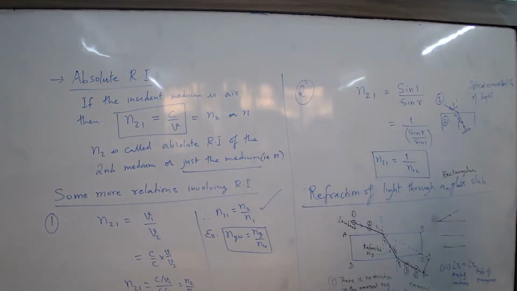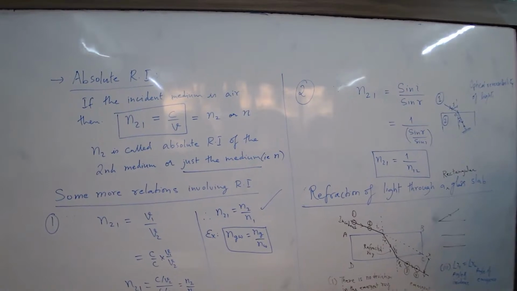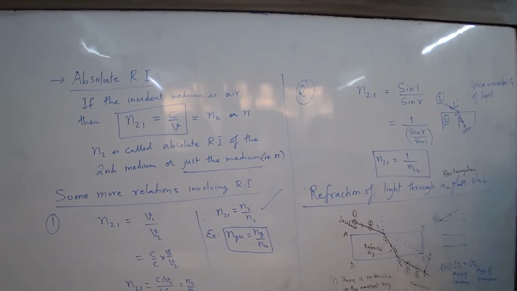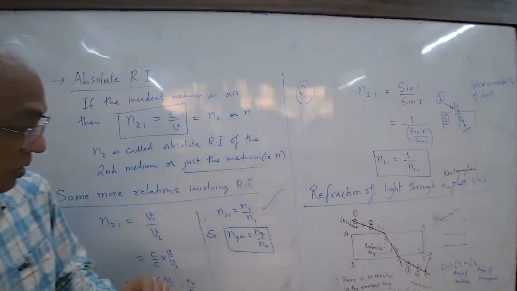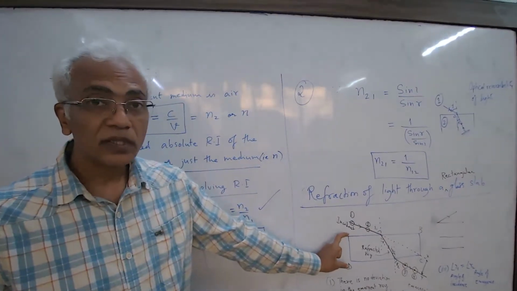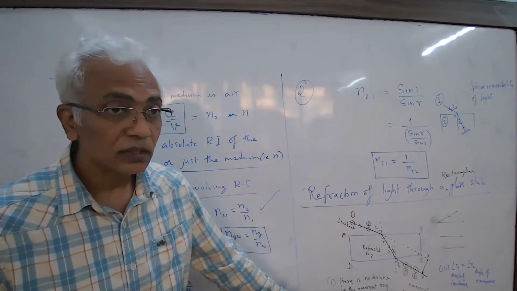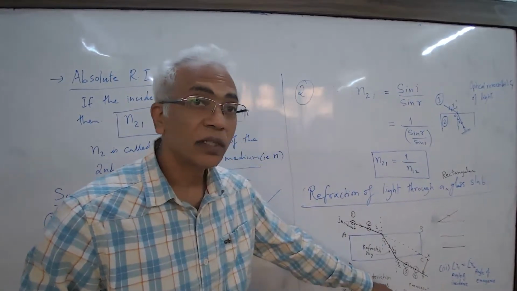There is one more thing, even for a given angle of incidence and a pair of media, the lateral displacement is proportional to the thickness of the medium. Okay, see this. If I replace this glass slab with a thicker one, like AD increases, you can see that this shift also will increase.